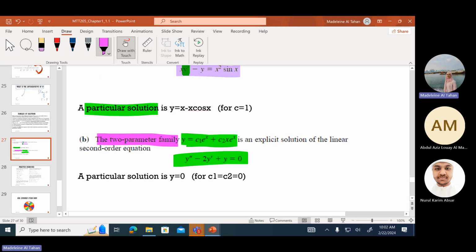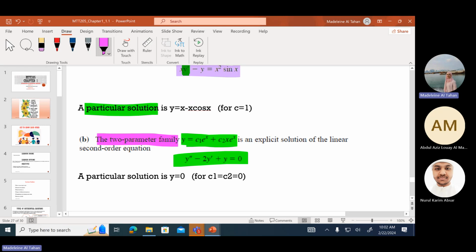We get values for these constants. Do we have any questions so far?